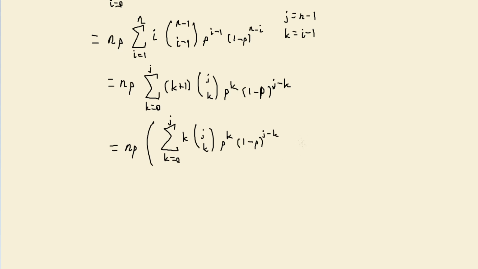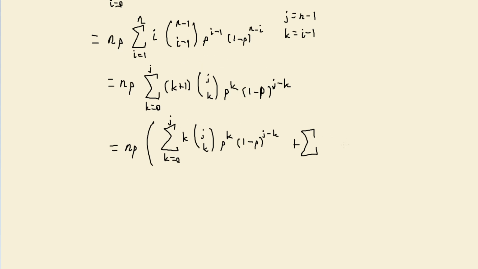And then here we're going to add the sum. This time we're just distributing this k plus 1. So this is just going to be 1 times this expression here. This one right here was just k times this entire expression here. That's what we got for this sum.